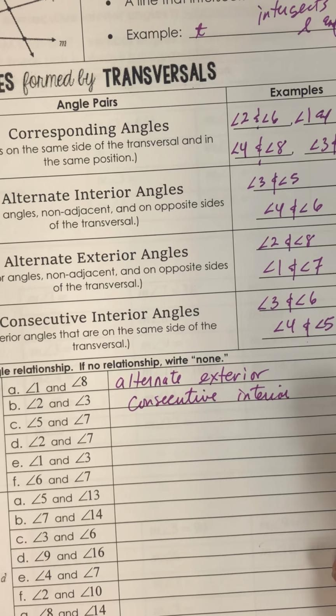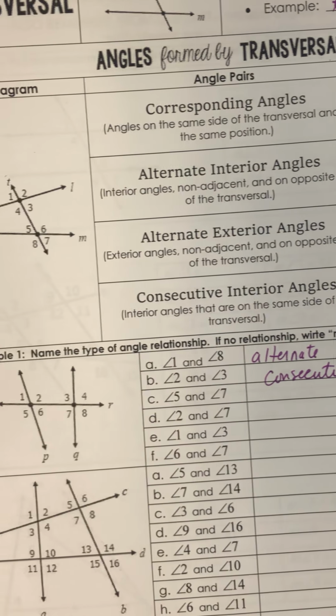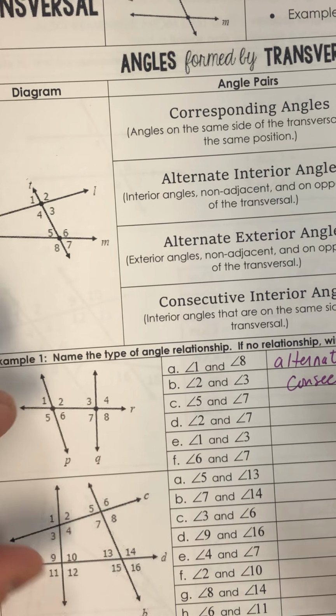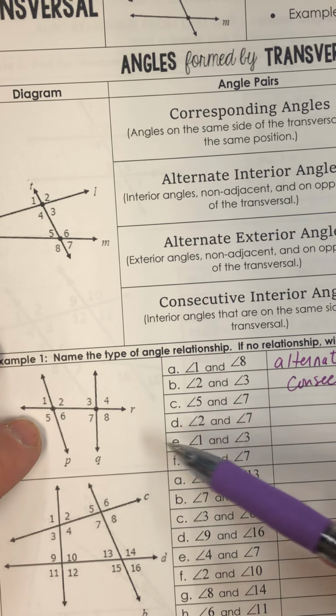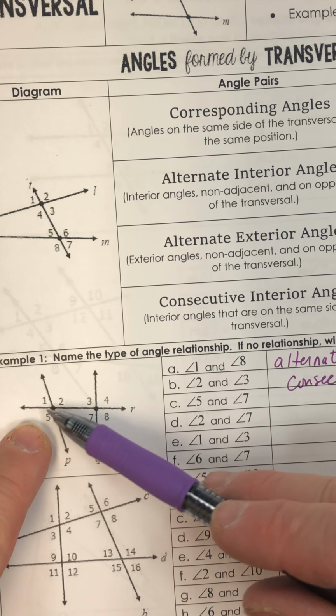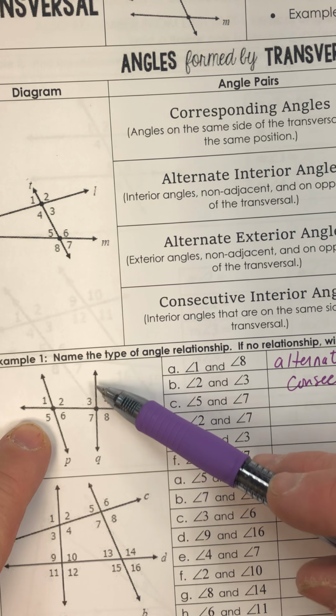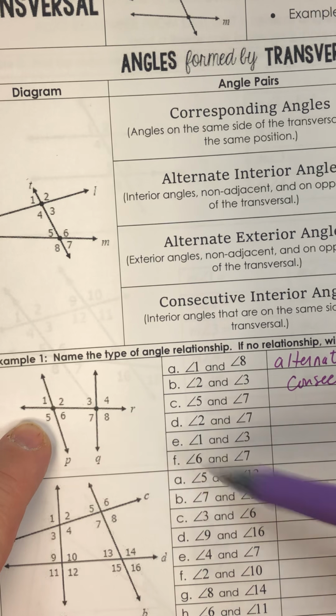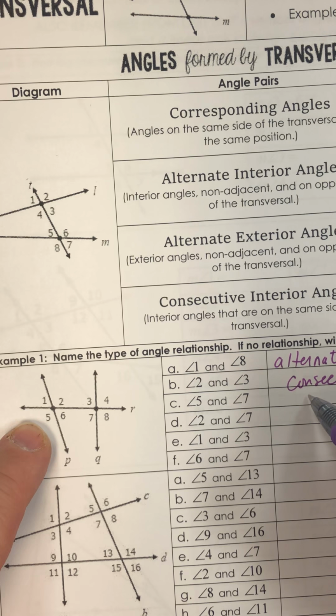Consecutive interior, same side of the transversal, inside the two lines. 5 and 7. 5 and 7 are in the same spot along the transversal relative to those two lines. So 5 and 7, that would be corresponding. Corresponding angles.